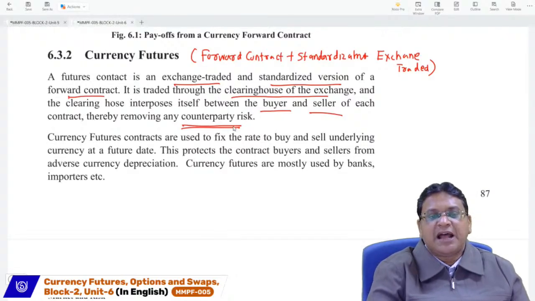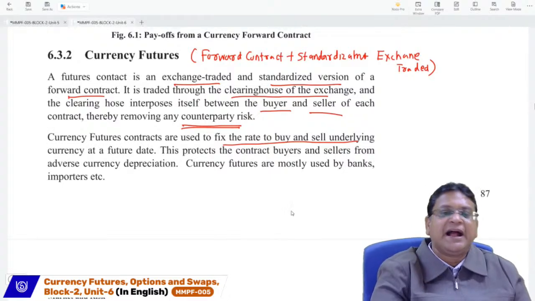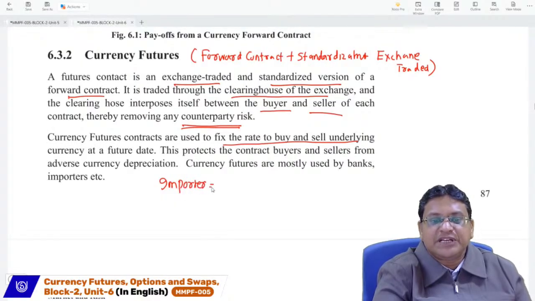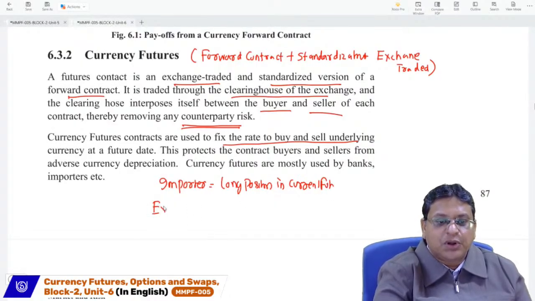Currency futures are also used to fix the future buying rate and selling rate. We know the importer will take what position in currency futures? A long position in currency futures to reduce its risk. Similarly, an exporter will use a short position in currency futures.